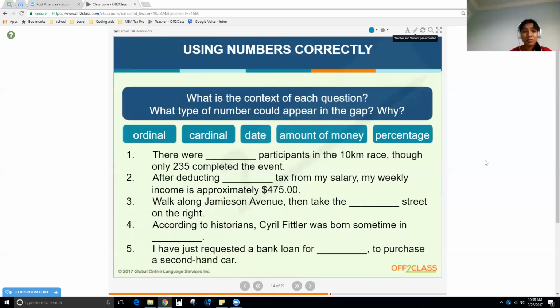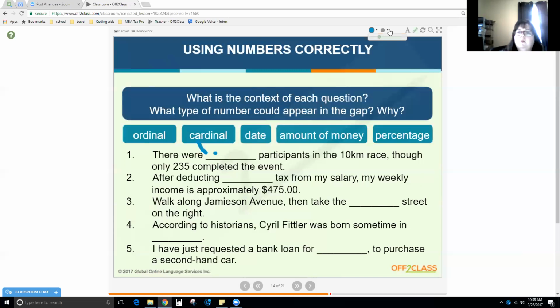Cardinal number. Okay, and what is an example of a number? There were 1,000 participants, only 235 competed. Okay, good.